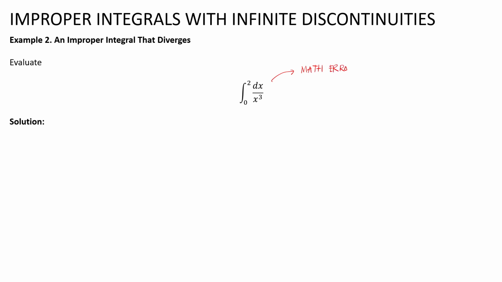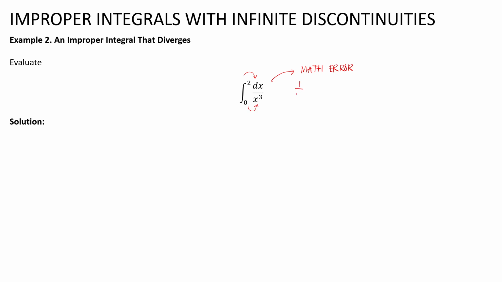So you know that this one is an improper integral, but you don't know where the limit is discontinuous. So plug in the lower limit and the upper limit in the equation to know which one is discontinuous.